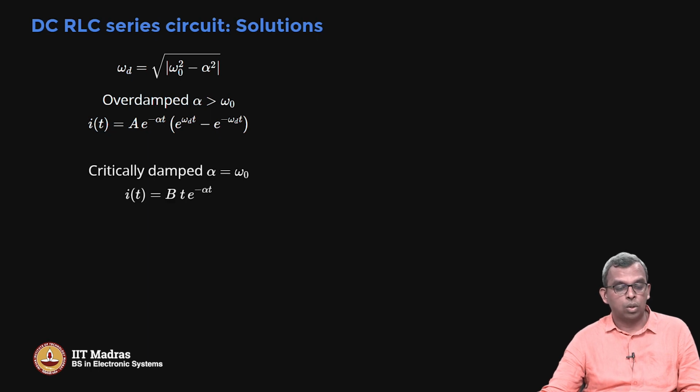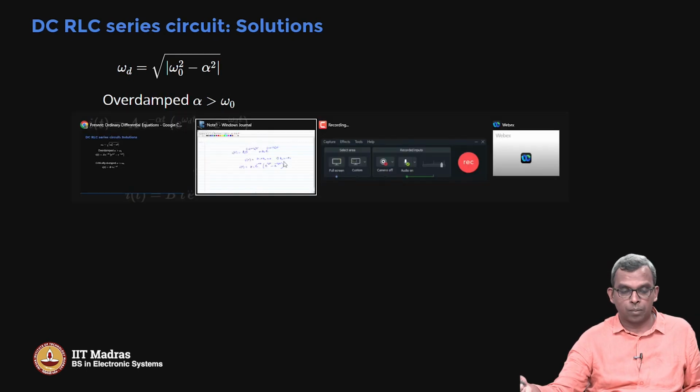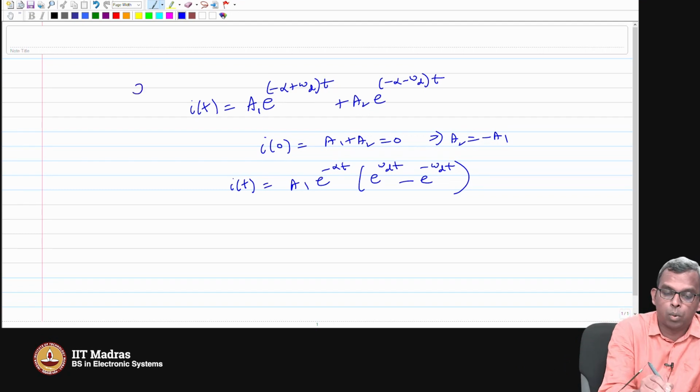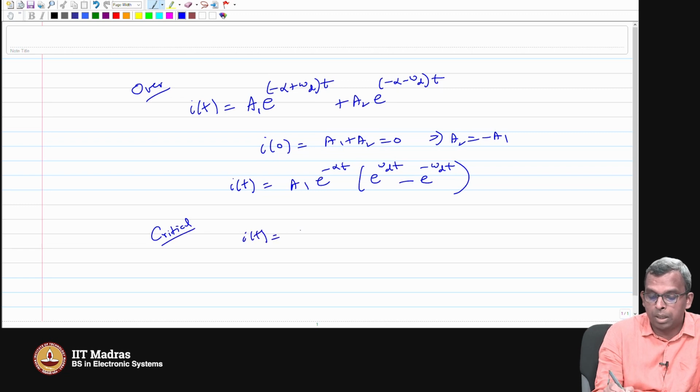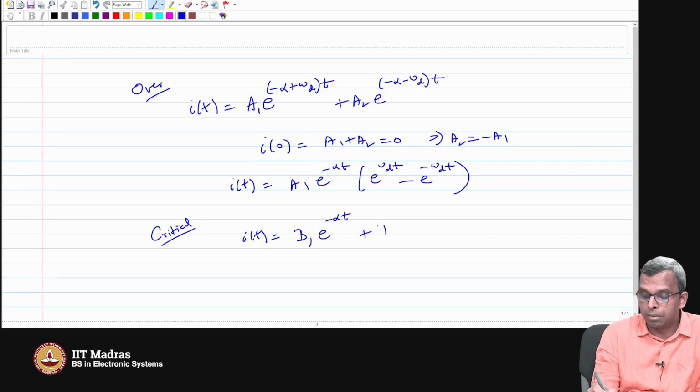Next you have the critically damped case, when alpha equal to omega naught. If you look at critically damped, I of t is going to be b1 e power minus alpha t plus b2 t e power minus alpha t.